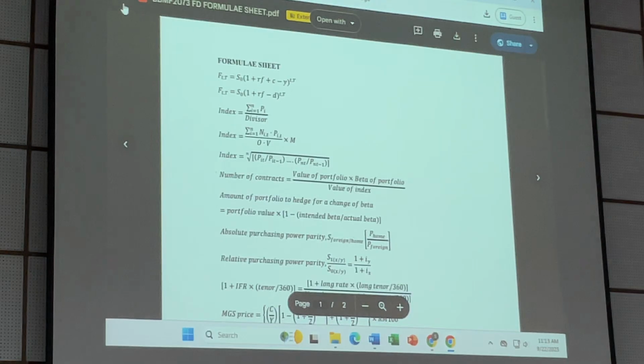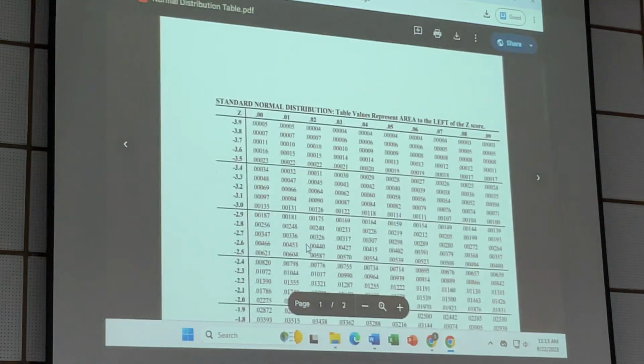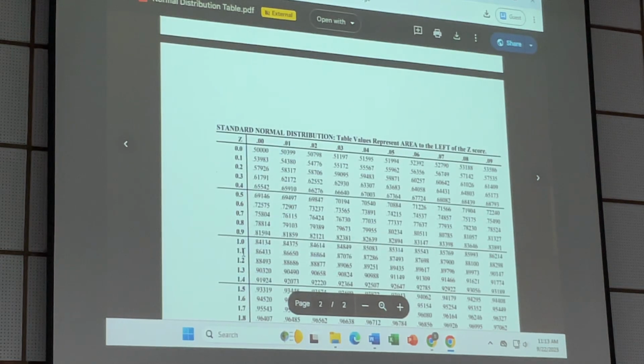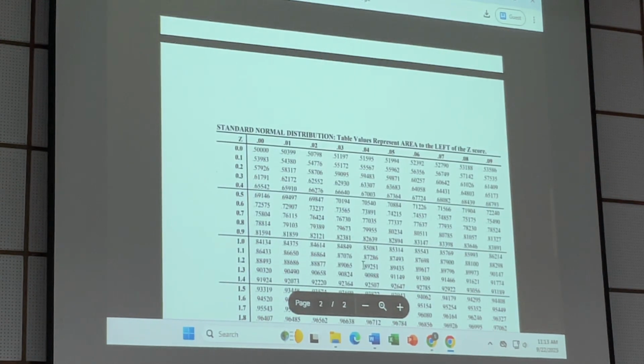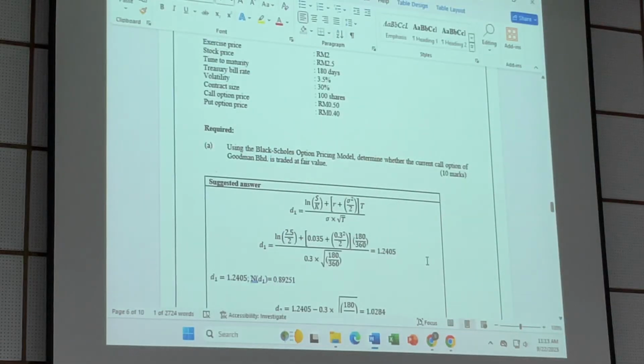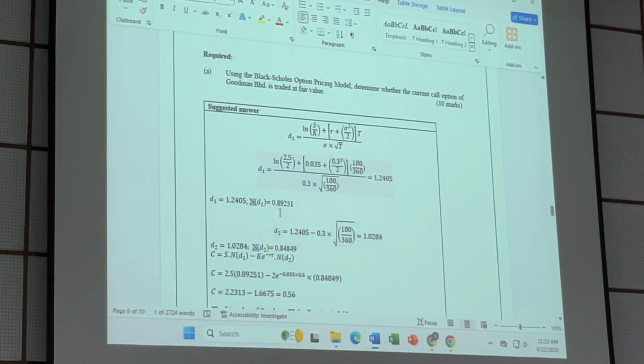Okay, 1.24 in the normal distribution table gives 0.89251. So you get this, and then calculate D2.